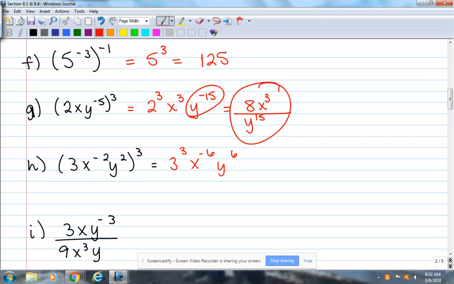So do we have any negative exponents after that? Yeah, we're going to move the x. So what is 3 to the third power? So 27 and y to the 6 will stay on top, and an x to the 6 goes to the bottom. Does that make sense? Everybody good with that? So parentheses, then move your negative exponents.